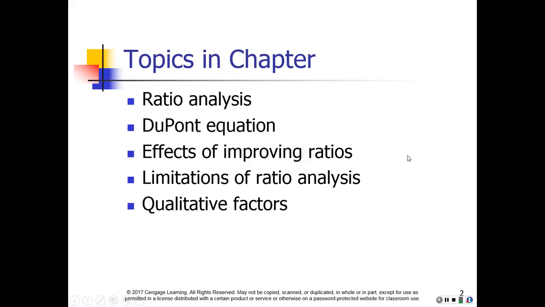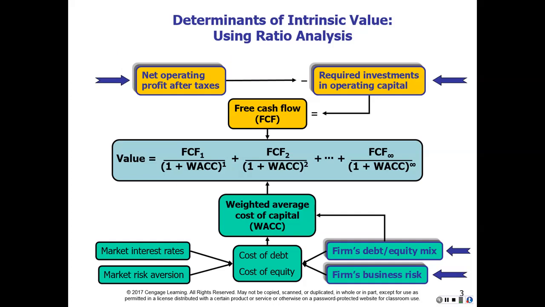Then, of course, we are going to look at ratios over time, which tell us whether they're improving or not. We will also talk about the limitations of ratio analysis and some qualitative factors that will not be captured by ratio analysis. So those are the topics covered in this chapter.